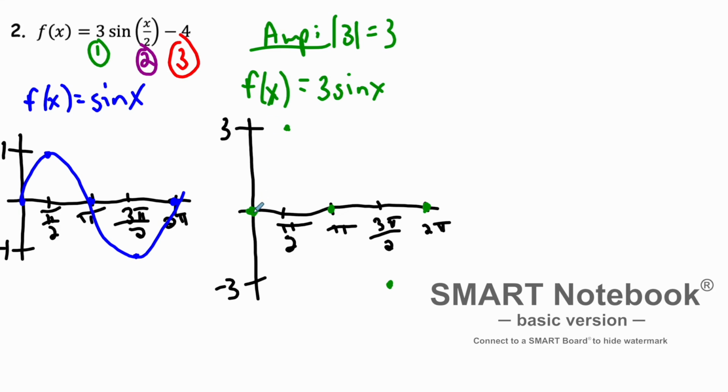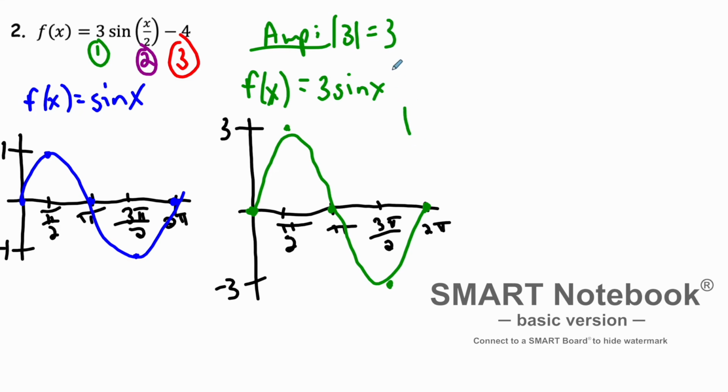All right, so connect our dots. We go up. There we go. So there's your graph. We go up, down, up. Again, graphically, this is just multiplied by 3, so it's just stretched out in the y direction.